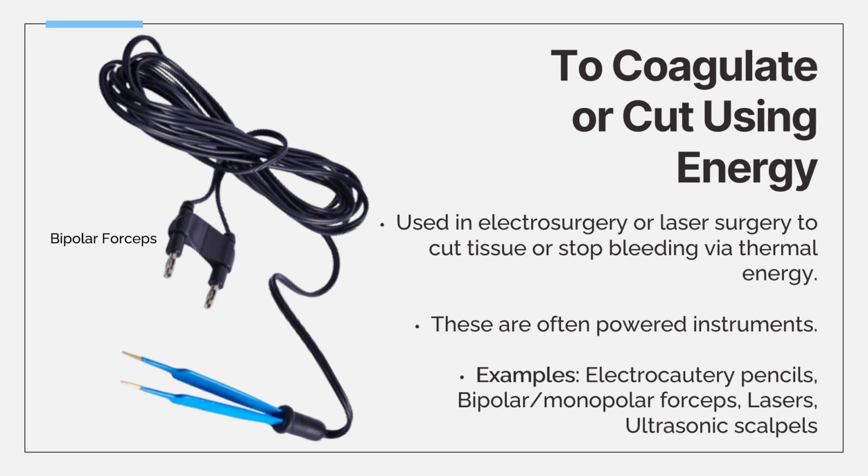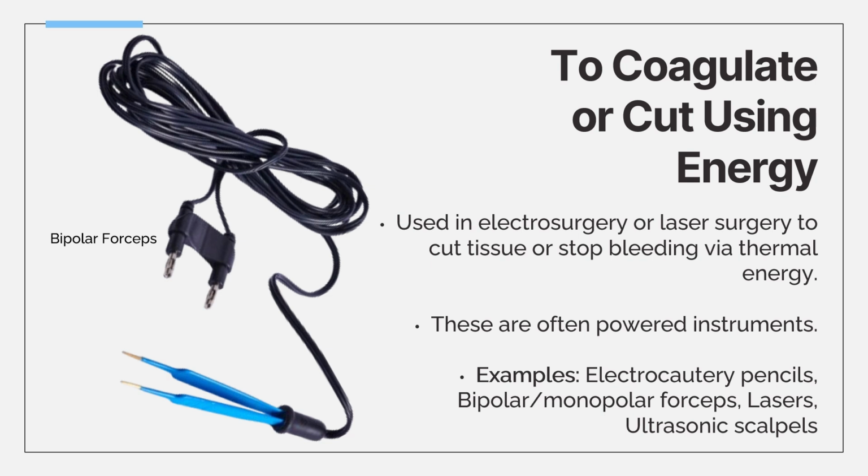Alright, and now we have instruments that coagulate or cut using energy. These instruments are also called electrosurgical instruments, and they use high frequency electrical currents to coagulate tissue or cut through it with minimal bleeding. The goal of coagulation is to seal blood vessels or tissue surfaces by using heat or electrical energy, which prevents further bleeding.